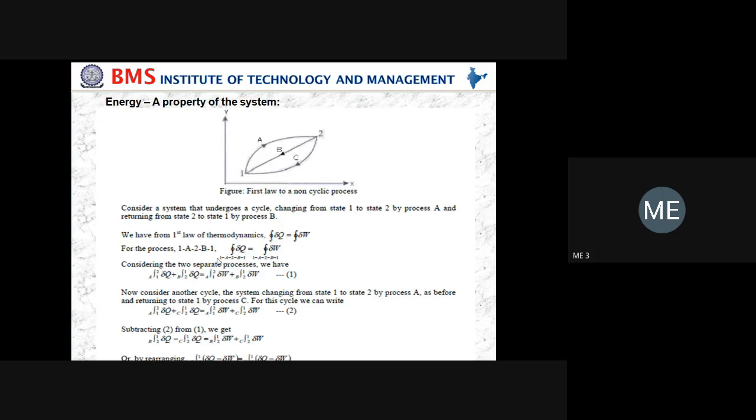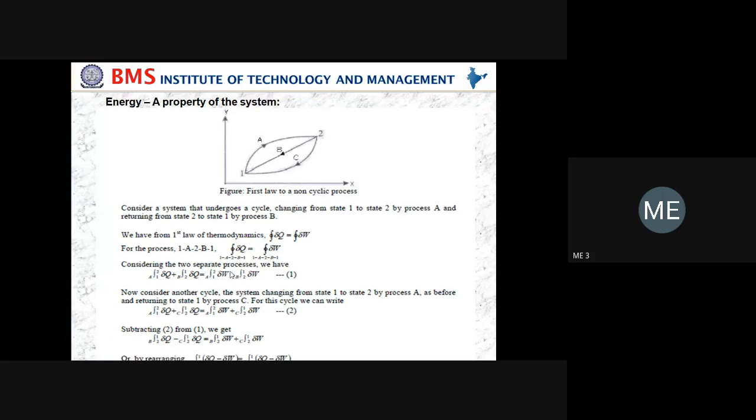So after comparing equation number 1 and 2, we can clearly tell that the cyclic integral of dq for the path 2 to 1 by following the path B is equal to the integration of dq between the state points 2 to 1 for the path C. Okay, and also you have to compare the RHS quantity as well.